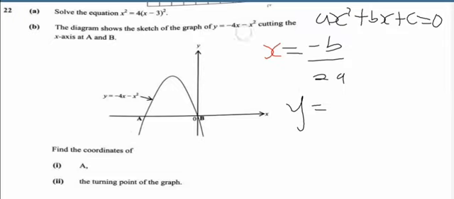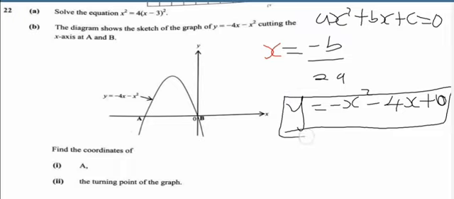So here I'm just going to start with the term with the variable to the highest power of 2. So it is negative x to the power 2. Then followed by the term having the variable to the power of 1, which is negative 4x. Then the constant number, which is c, is just 0. When you don't have a constant number, just know that you are having a 0. So I have expressed this one into a quadratic layout.